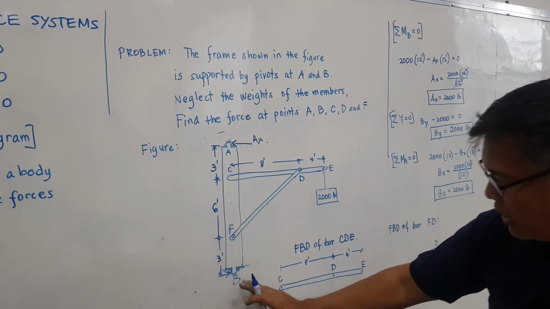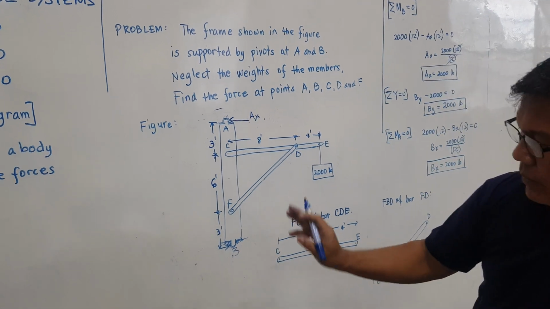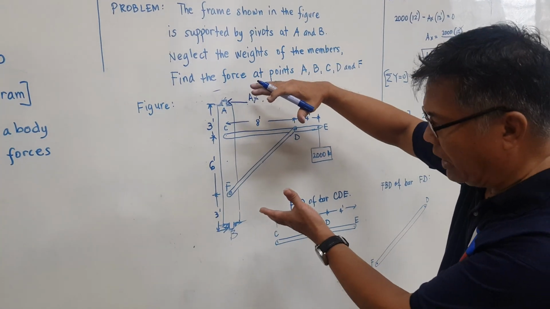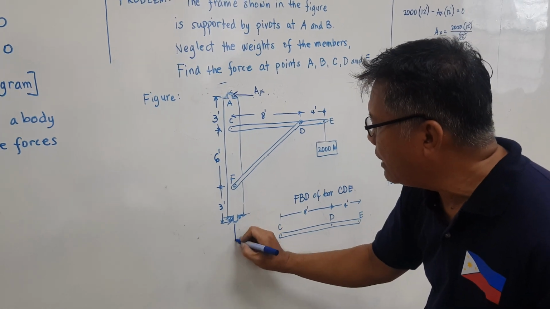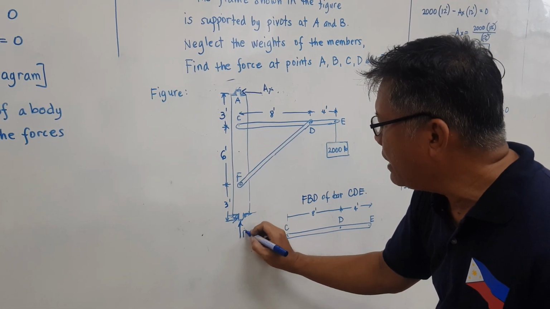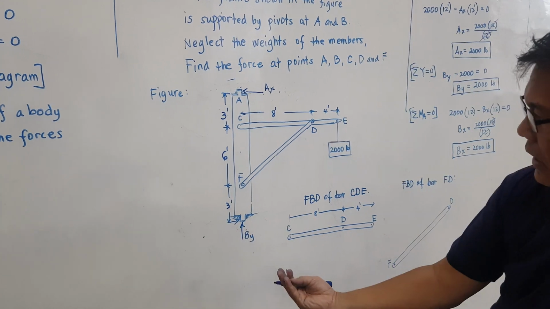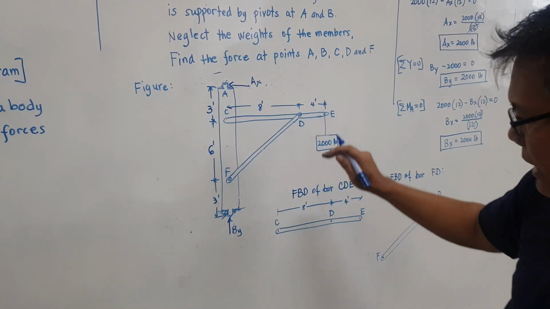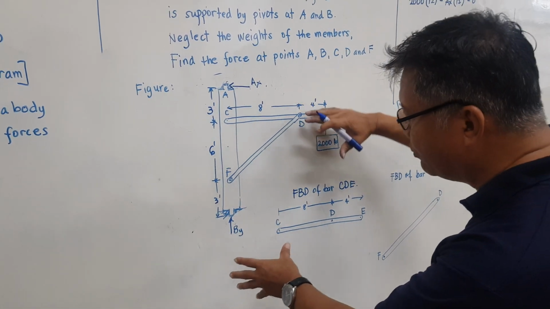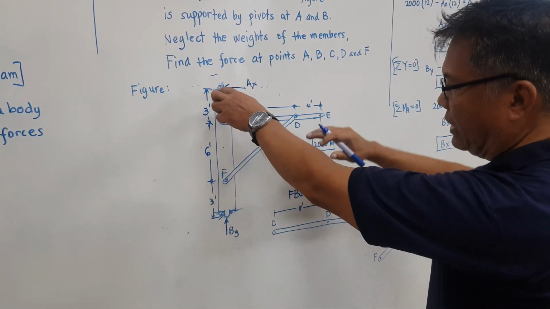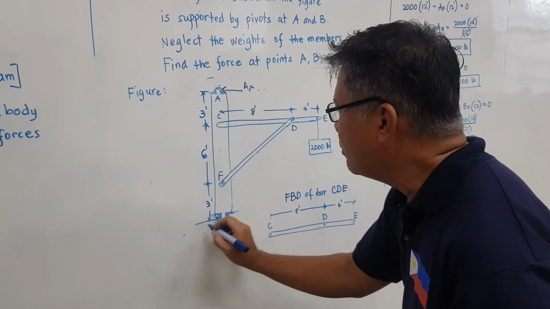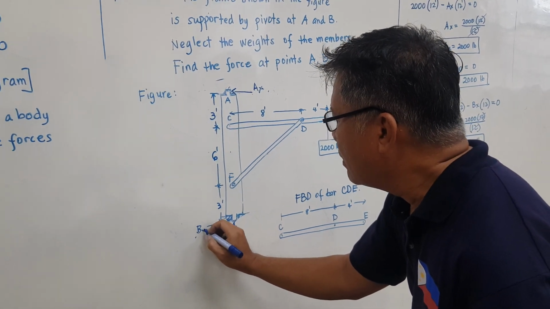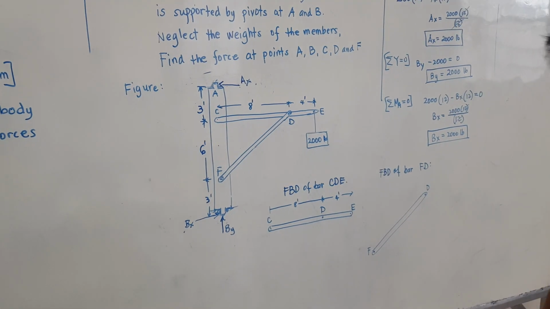Now if we also remove the support at B, the whole frame will collapse downward. So we need to apply the force By, the vertical support, and this one will also move to the right if it is pivoted at A, so it means that it needs to be supported with Bx as the force.